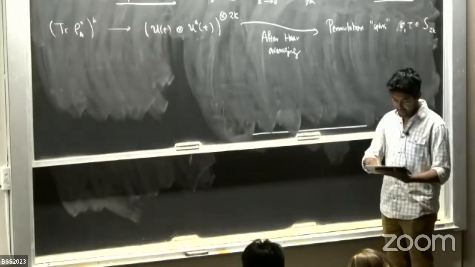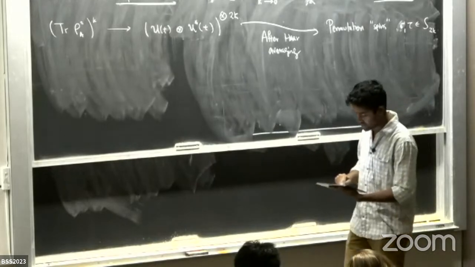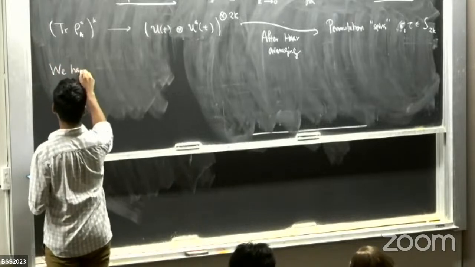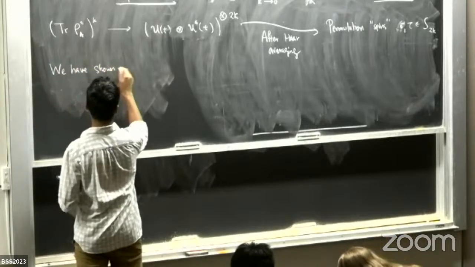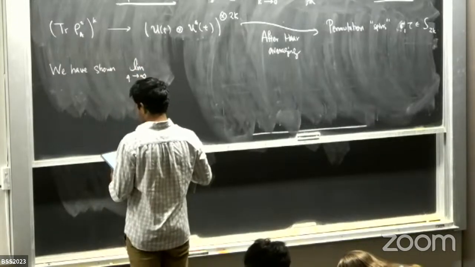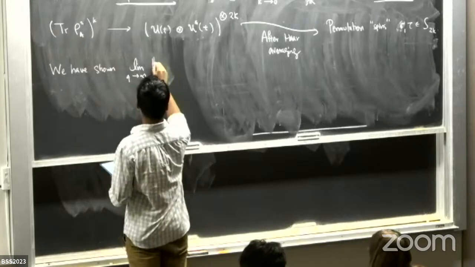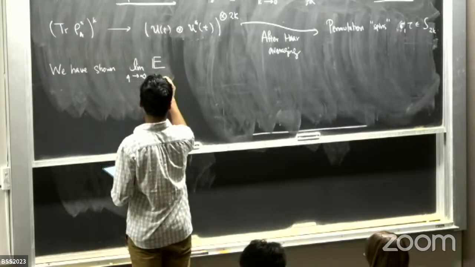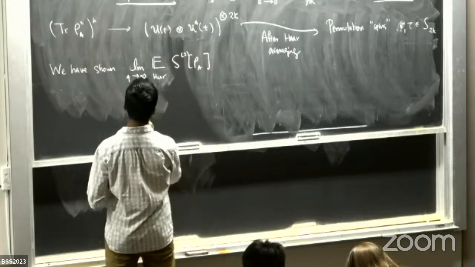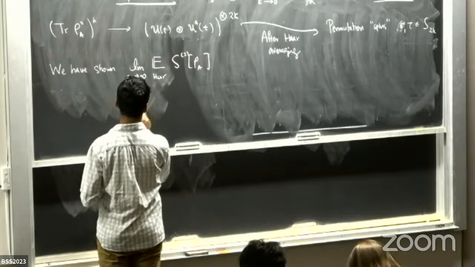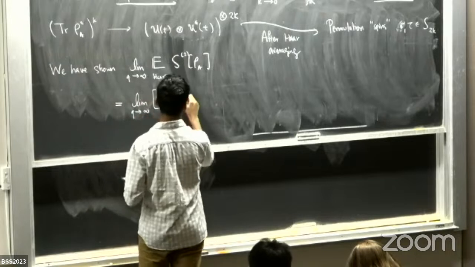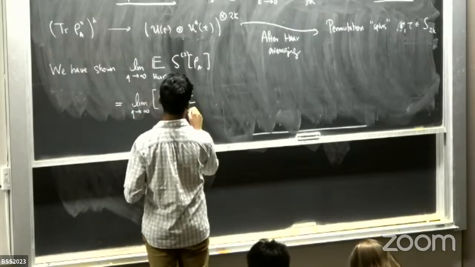But one thing that we can do is to notice that we have shown the following: that in the limit Q goes to infinity, the Haar average of S2 is exactly equal to the limit Q going to infinity of minus log the expectation value of the purity, right?